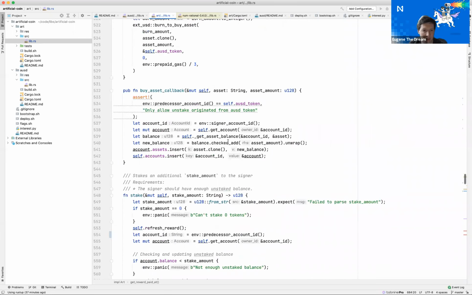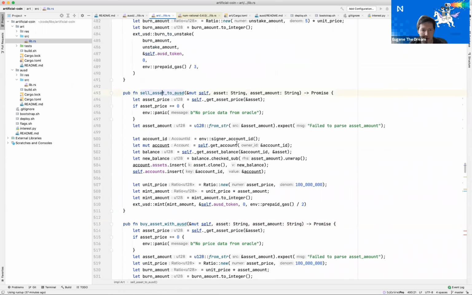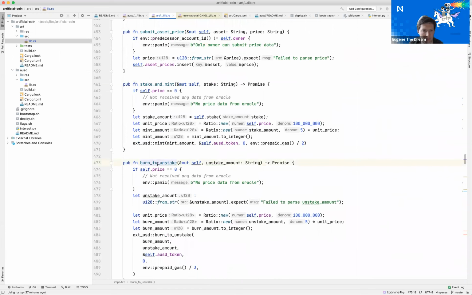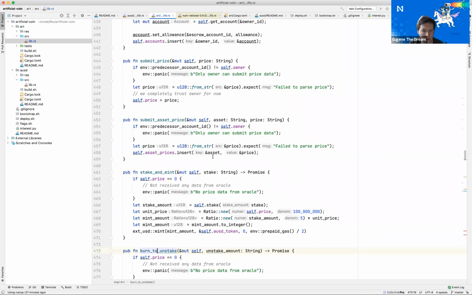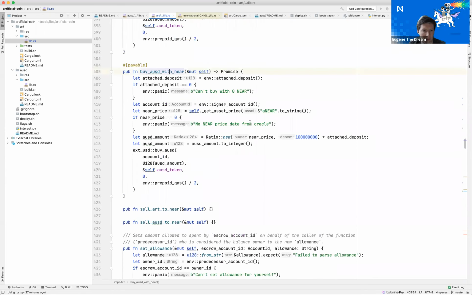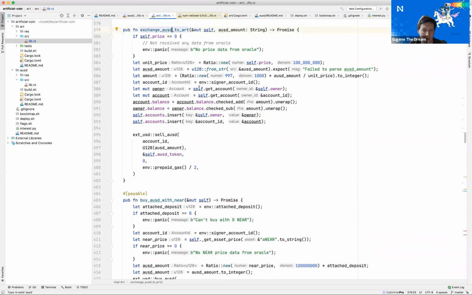And again, here you can just mint a ton of, where is it? In sell AUSD to ART, right? So you just increased your balance by the amount without charging anyone.